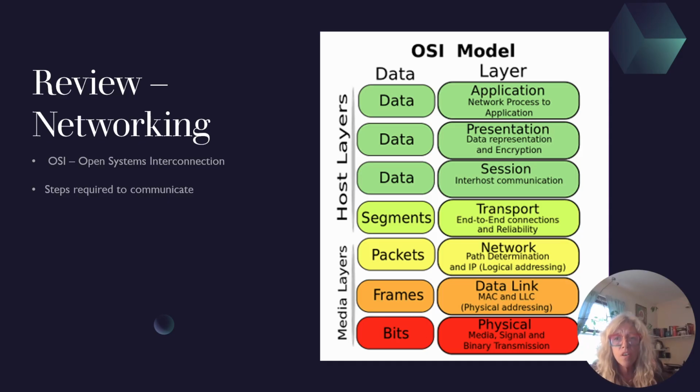Layer 4 of the OSI model is the transport layer. It's responsible for end-to-end data delivery between applications. For the connection-oriented protocols, we have the Transmission Control Protocol, which is TCP, that provides reliable, ordered, and error-checked delivery of data.